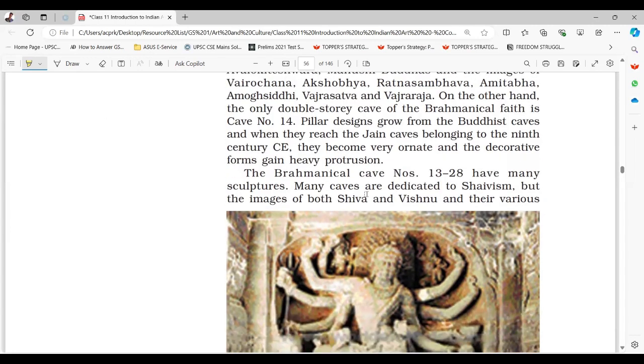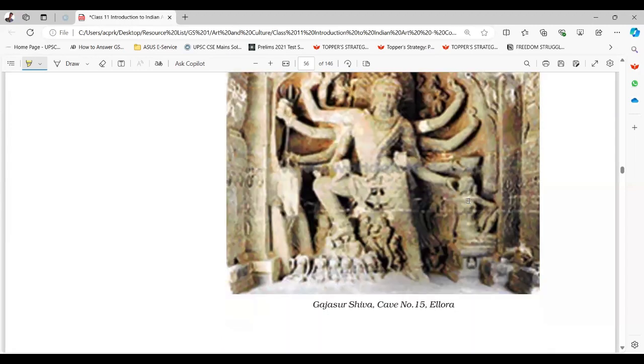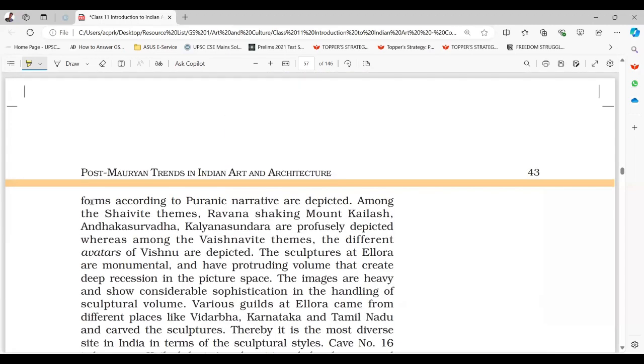The Brahmanical caves number 13 to 28 have many sculptures. Many caves are dedicated to Shaivism, but the images of both Shiva and Vishnu and their various forms according to Puranic narrative are depicted.